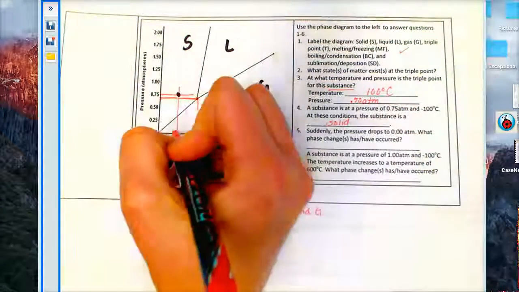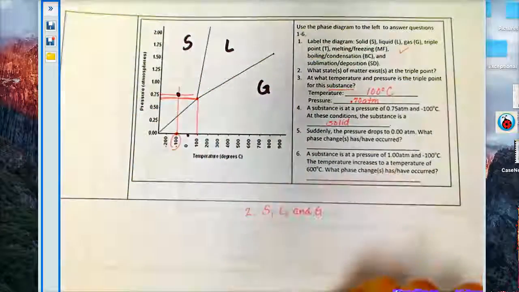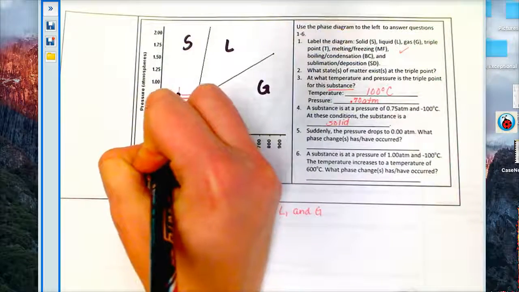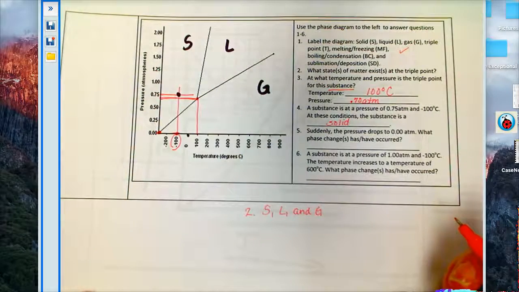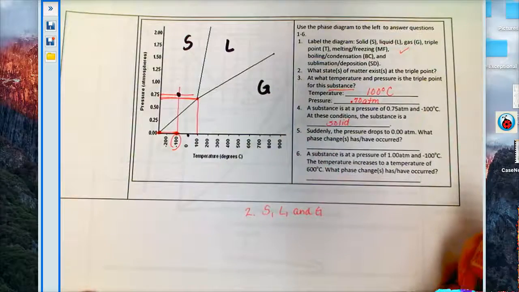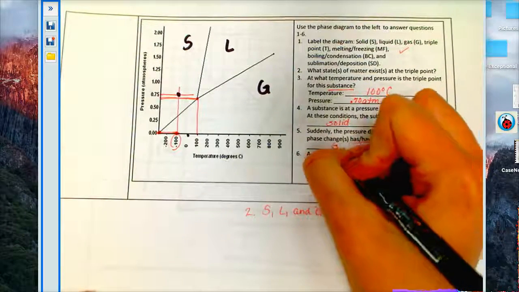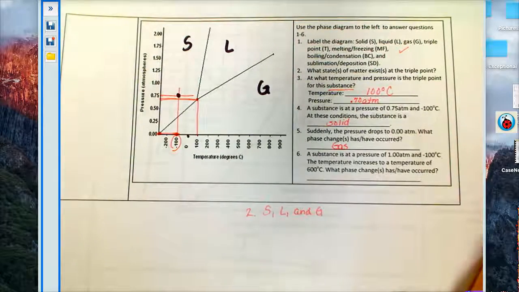Well, if you're still at negative 100 degrees, and now you're at this pressure, what phase are you going to be at there? Well, you should be able to draw your line over and figure out that this is in the gas phase. Okay, and you get all of that just by reading your graph.